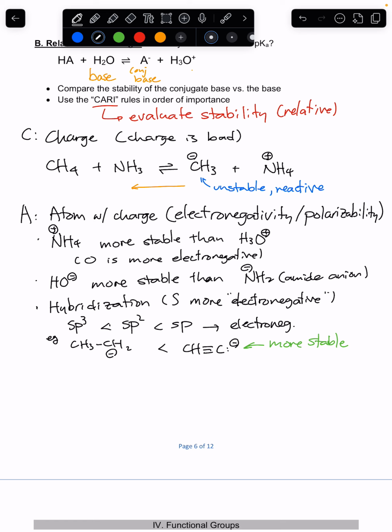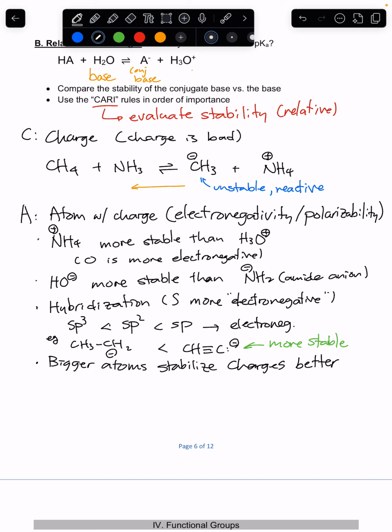The last thing you want to think about in terms of the atom rule is, bigger atoms stabilize the charge better. And that's because they're more polarizable.